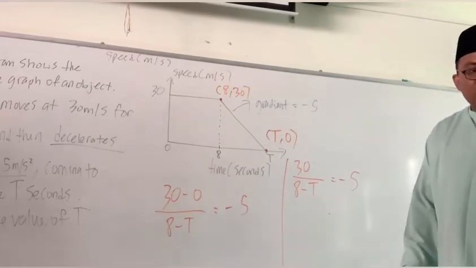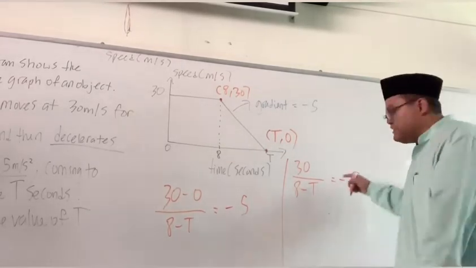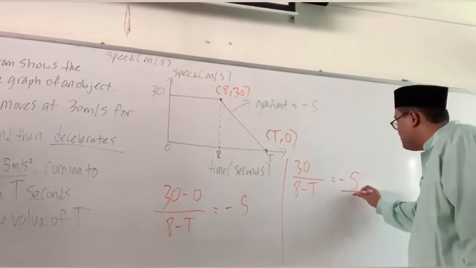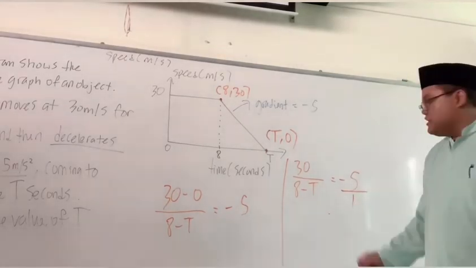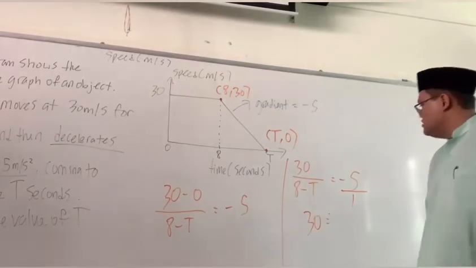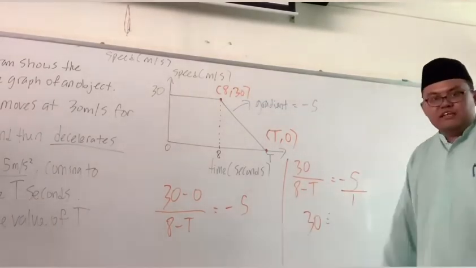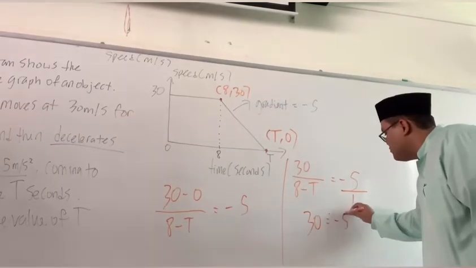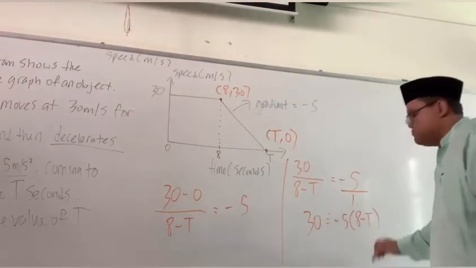So what do we do next? We cross multiply. Okay, -5 is the same as -5 over 1. So let's cross multiply. 1 times 30 equals -5 times 8 minus t.